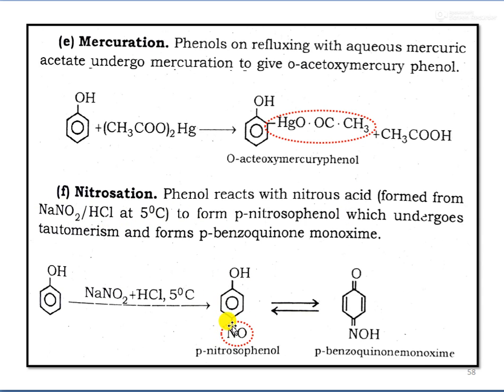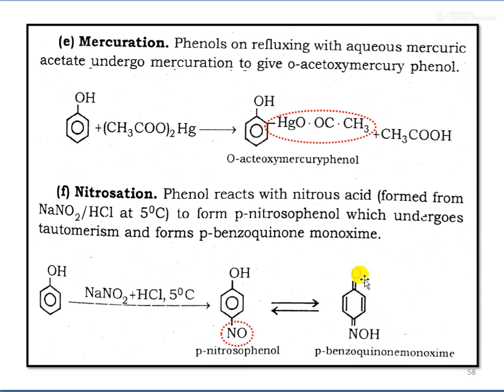And after this, this structure will undergo tautomerization, that is the N double bond O will be converted to NOH. And you can see that this benzene ring is being converted to a ring with only 2 double bonds inside. So this is para-benzoquinone monooxime.